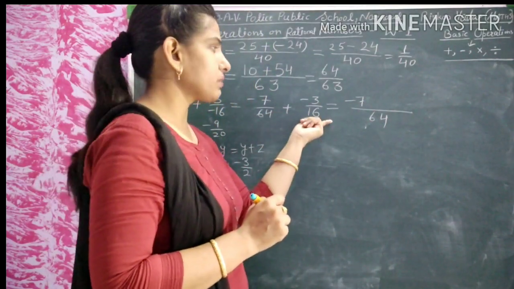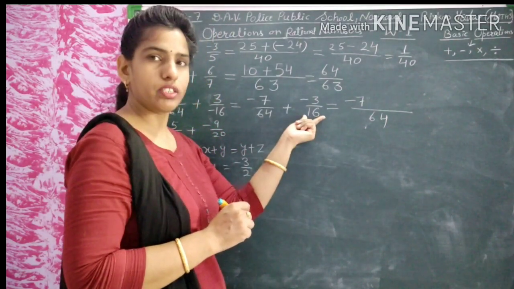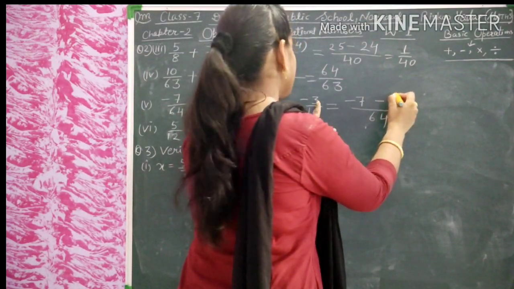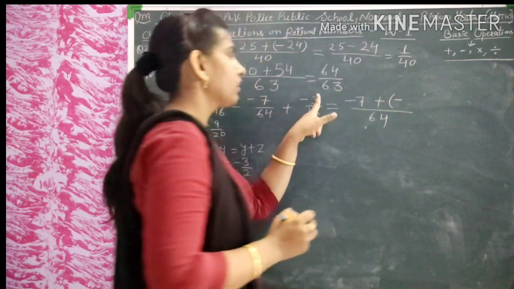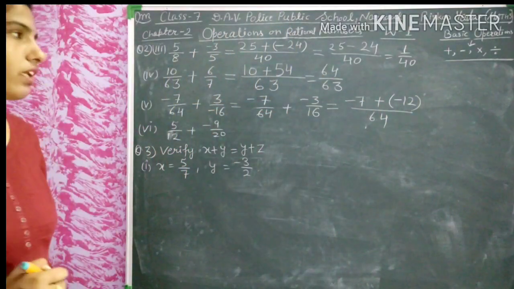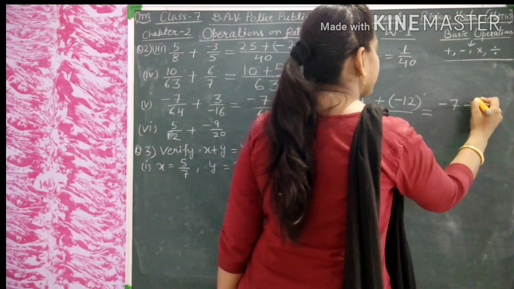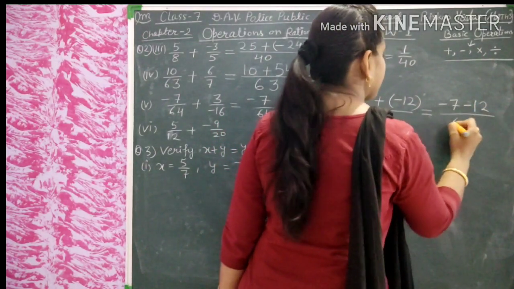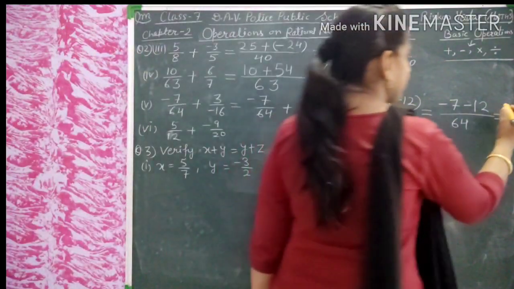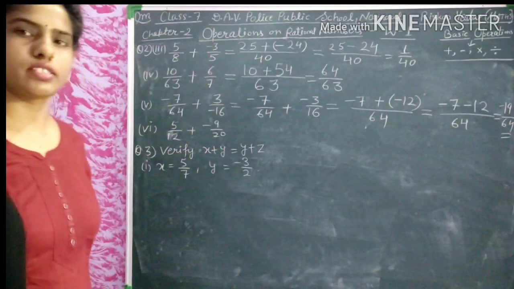So 16 is multiplied by which number to become 64? Yes, 4. That is, it becomes plus minus 3 multiplied by 4. 4 times 3 is 12. That is minus 12 there. Now solve it. Plus and minus multiplied here gives minus 12, and then it will become 64. Minus 7 minus 12 is minus 19 there, divided by 64. We will get the answer here.